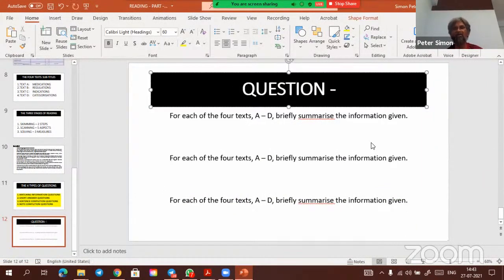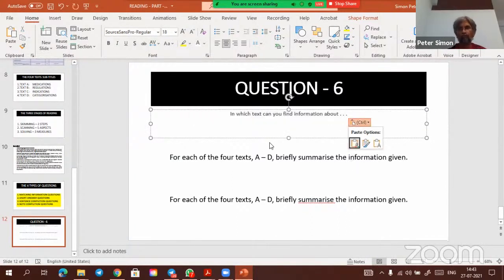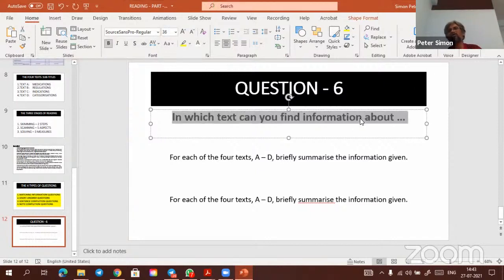This is a rough practice test to make you identify. In which text can you find information about continuation?